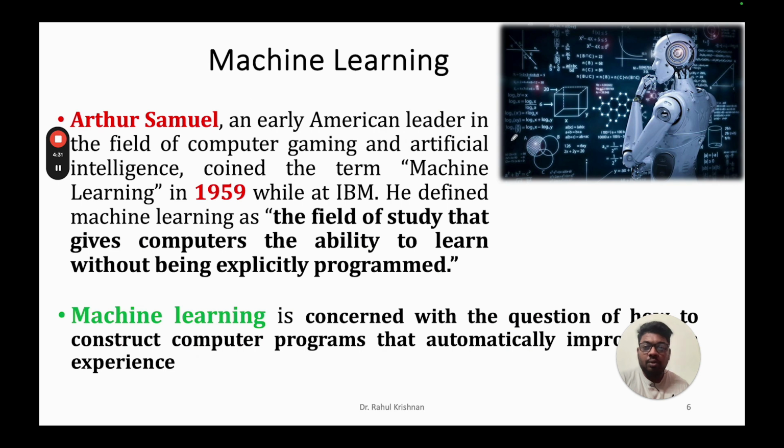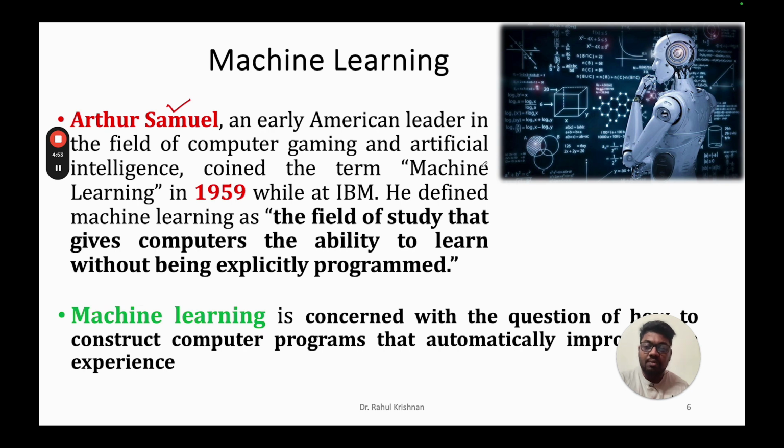So we'll get into machine learning. What is machine learning basically? The term machine learning was coined by an early American leader in the field of computer gaming and artificial intelligence, Arthur Samuel. He coined the word machine learning in 1959 while working at IBM.